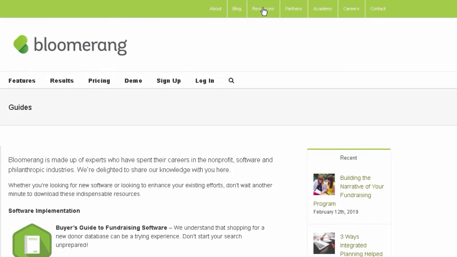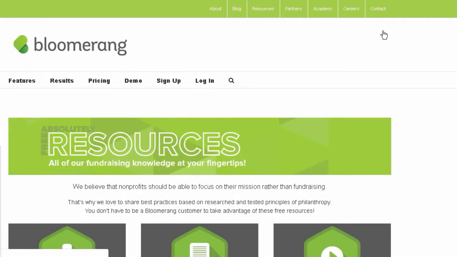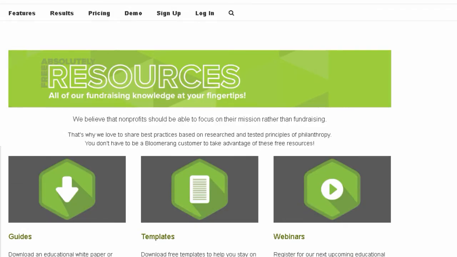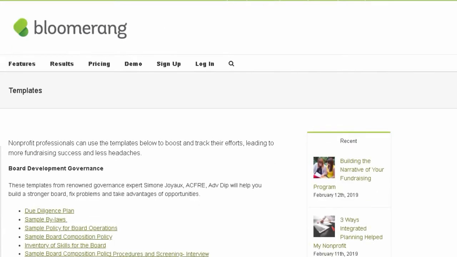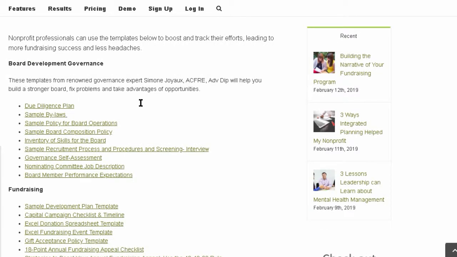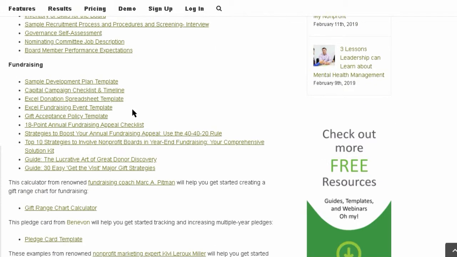You can also, under Resources, look at a great number of templates. So, for instance, for doing board development, sample bylaws, board operations policies, nominating committee job description, a board member performance expectation worksheet, different topics in terms of a template for a gift acceptance policy.